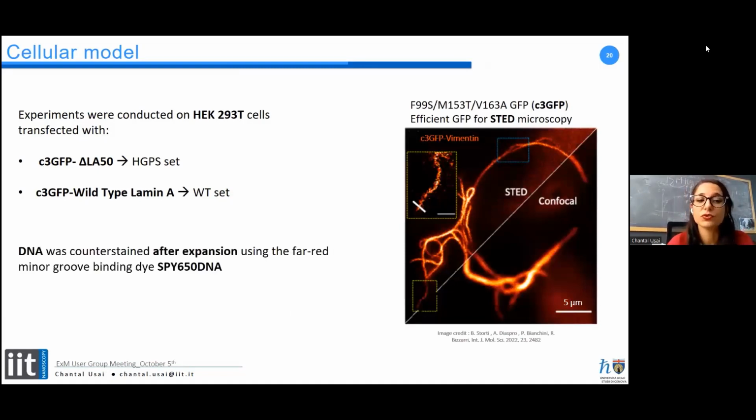And to counterstain the DNA, we are using the SPI 650 DNA dye, which is a far-red minor groove binding DNA dye that gives very good results with the post-expansion staining as well. So it's a very interesting dye for expansion.